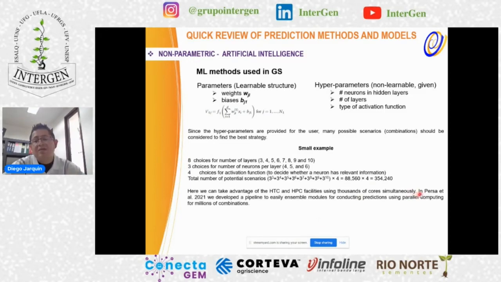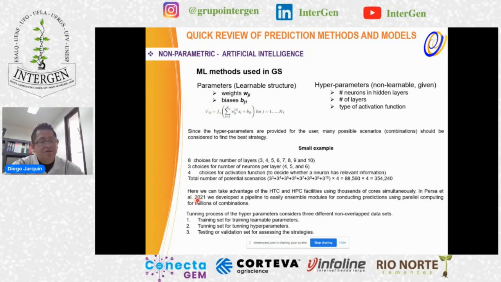So we already developed in this paper one methodology that can help us to develop complex pipelines in a very easy way, assembling modules for conducting predictions using parallel computing for millions of combinations. The tuning process of hyperparameters considers 3 different non-overlapped data sets.